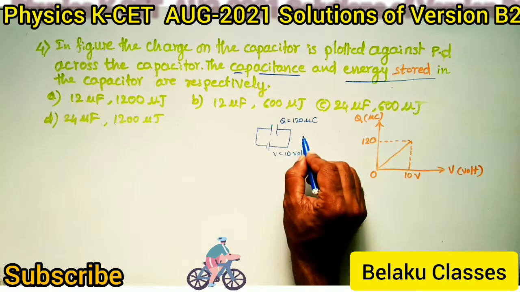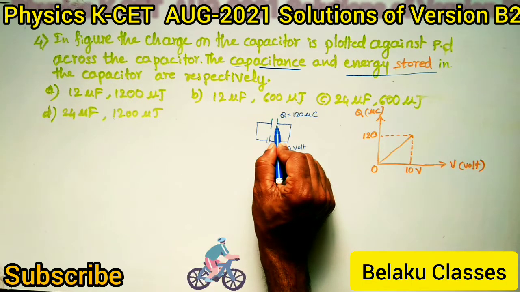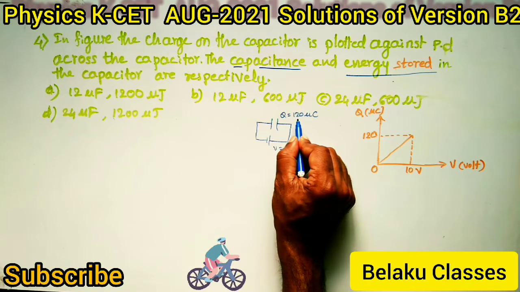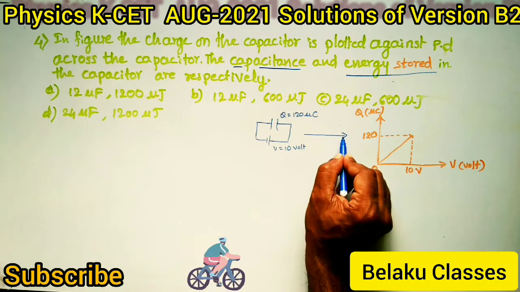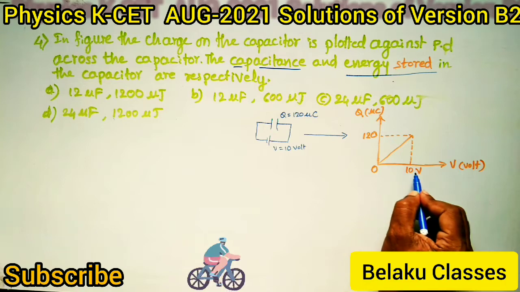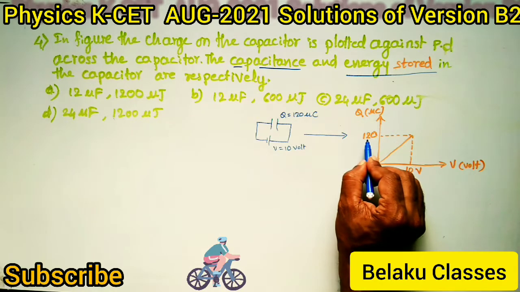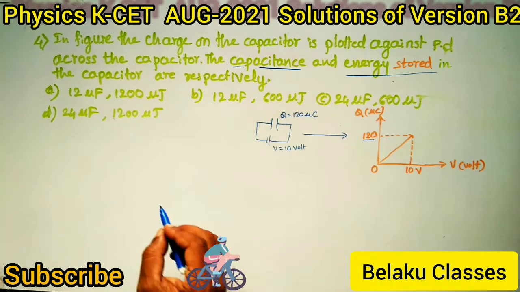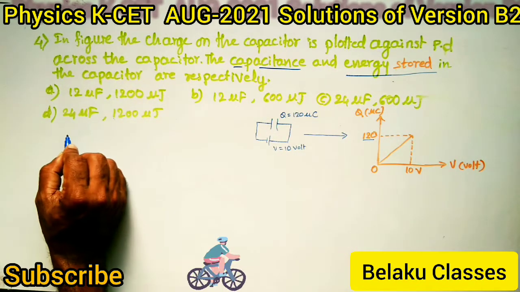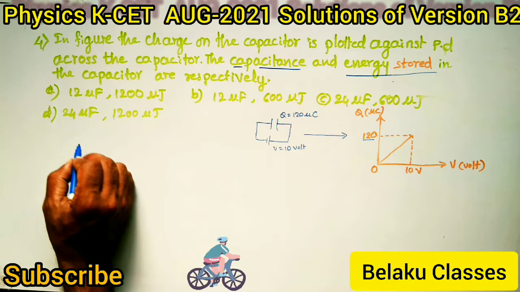And when the potential difference of 10 volt is applied, it is charged to 120 microcoulomb, and the same is plotted here in the form of a graph. Here along x-axis 10 volt, and when the voltage applied is 10 volt, then the capacitor is charged to 120 microcoulomb. Here we need to find the solution of this numerical.